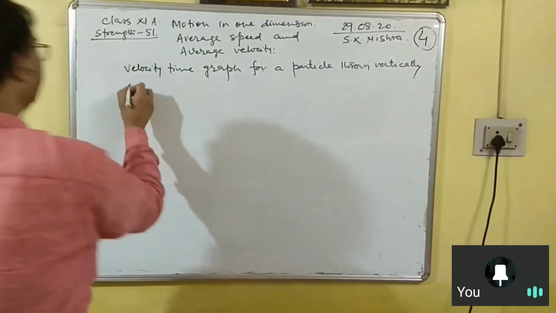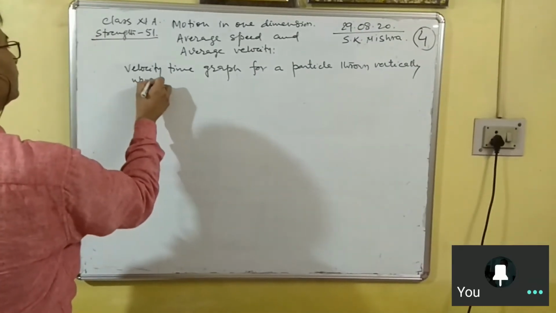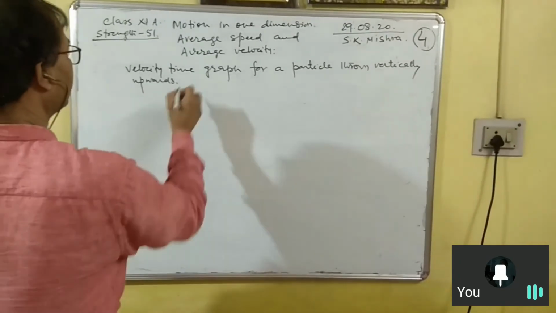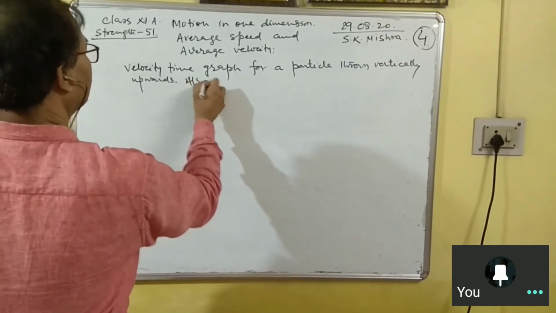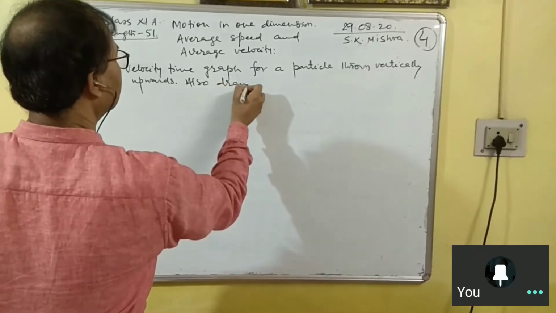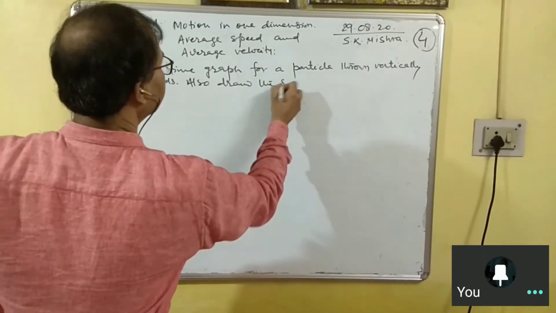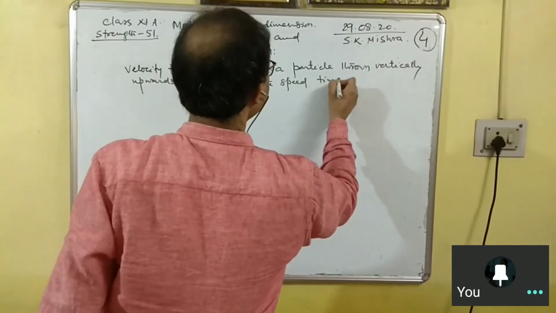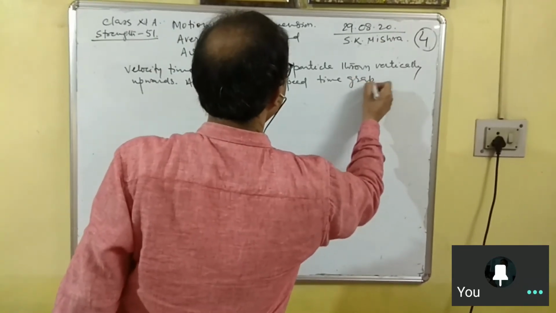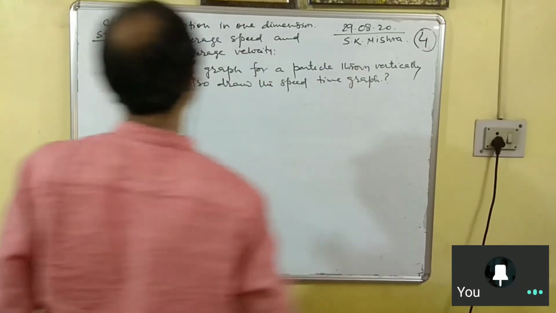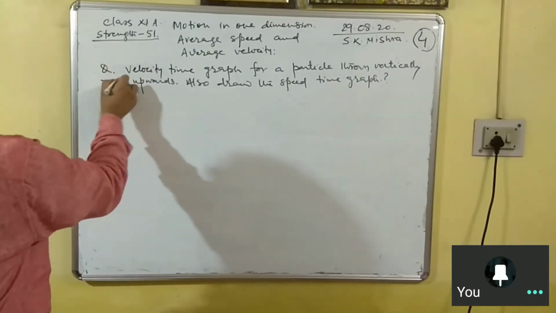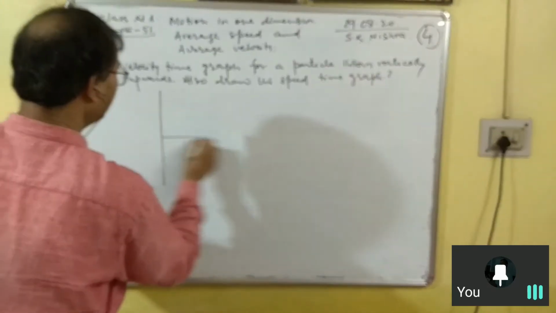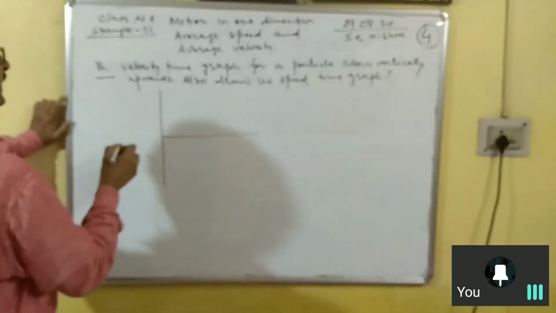Also draw the speed time graph. So what will be the answer? Velocity time graph for a stone thrown vertically upward.